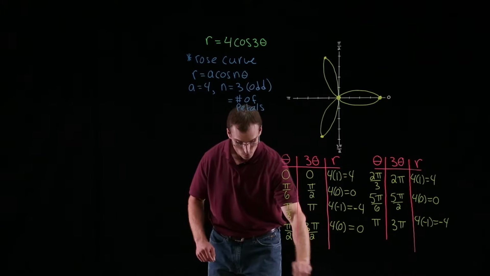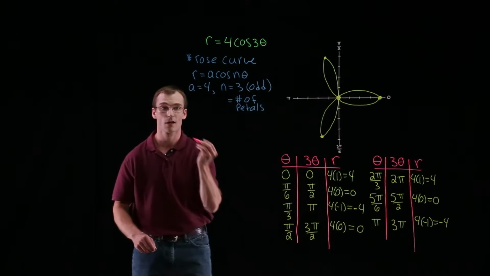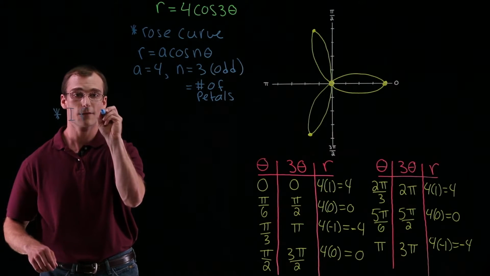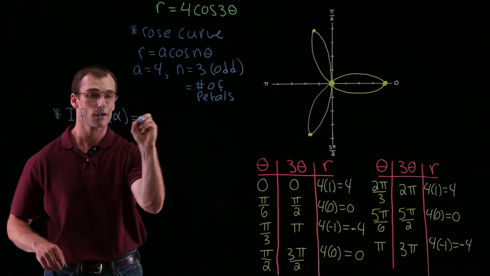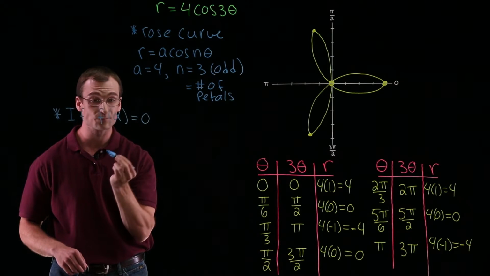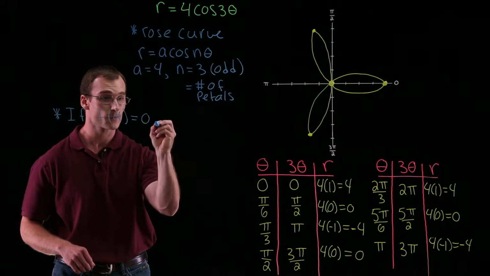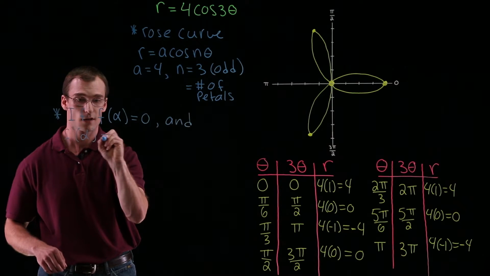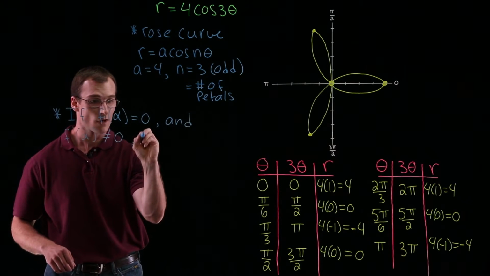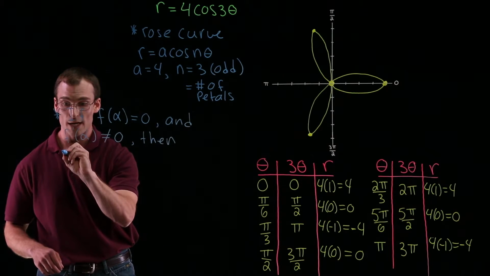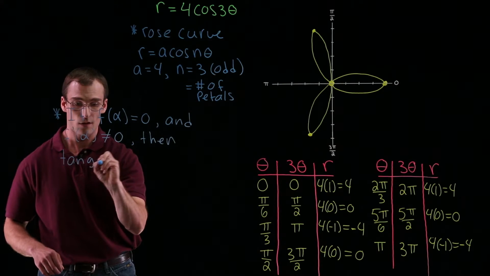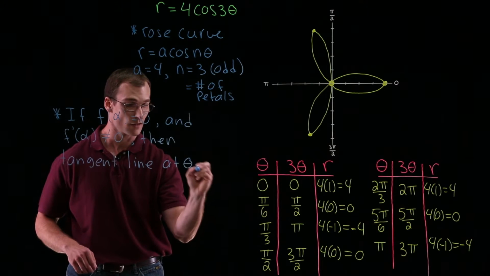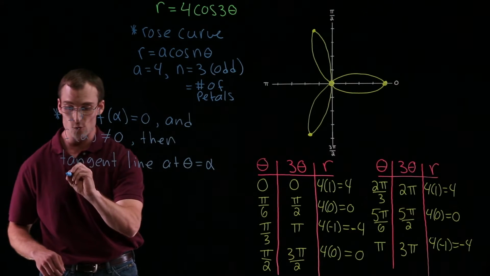To do that, we have a particular theorem from our section that states that if f of alpha equals 0, where f of alpha is our r and alpha is some angle, and f prime of alpha is not equal to 0, then we have a tangent line at the line theta equal to alpha through the pole.